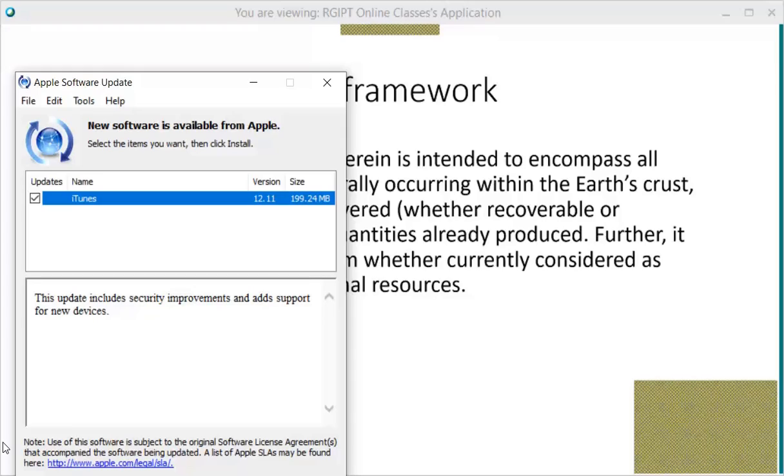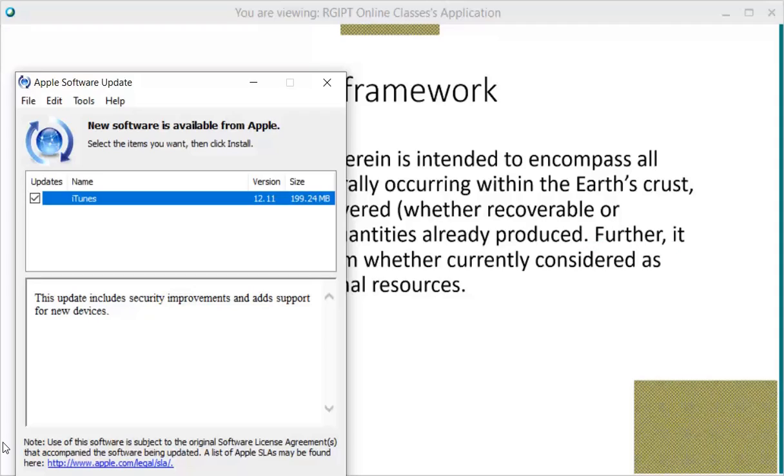Look at this: discovered and undiscovered, that is resources. Whether recoverable or unrecoverable, doesn't matter. Plus those quantities already produced. If you have already produced, that is also your resource.